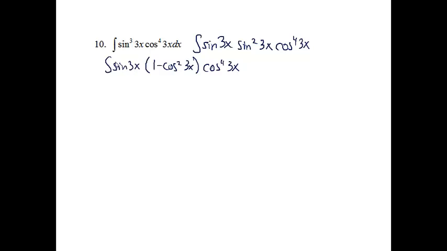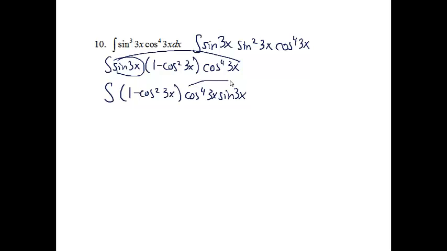All right, first thing that I'm going to do is move this back here just so that I have those two parts together. So I'm going to have 1 minus cosine squared 3x, and then cosine to the fourth 3x, sine 3x. I'm now ready to distribute this to both parts.